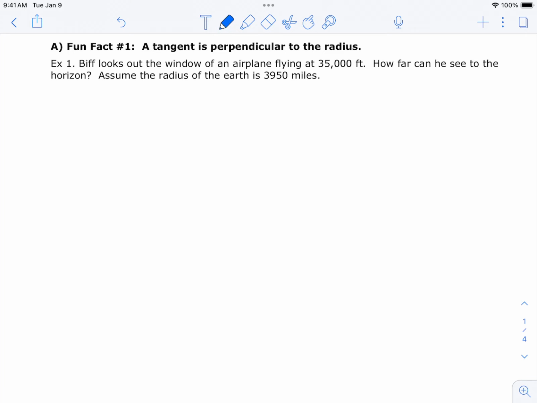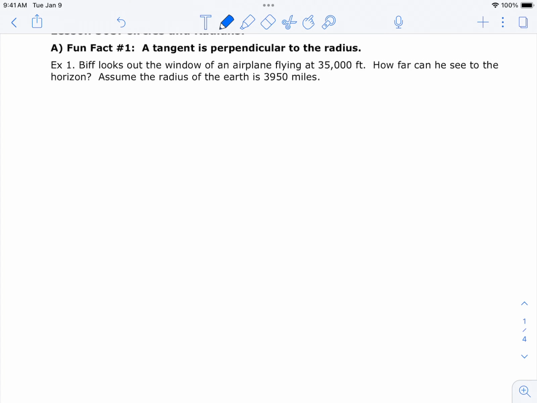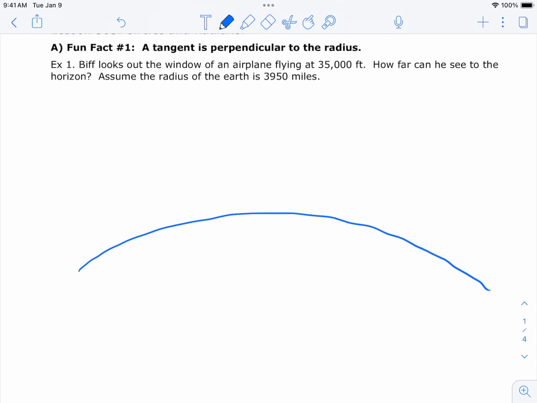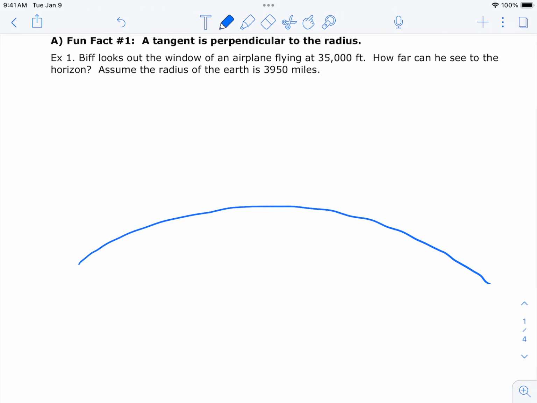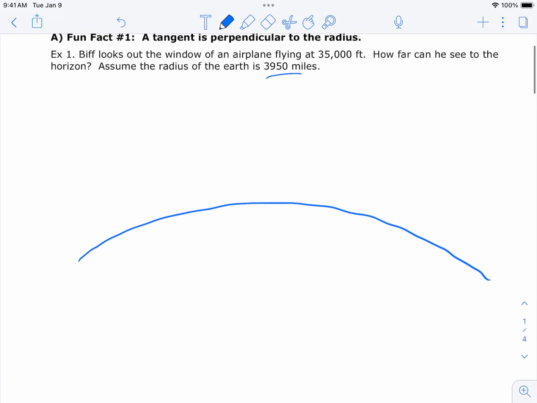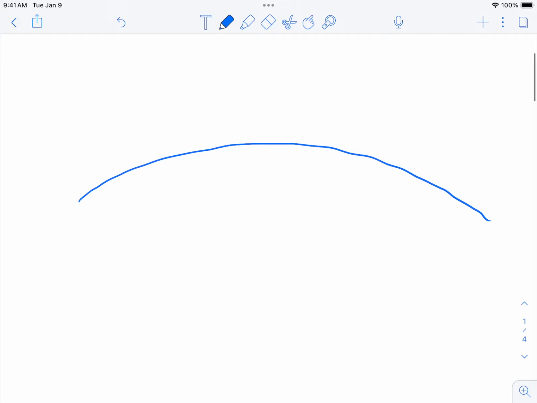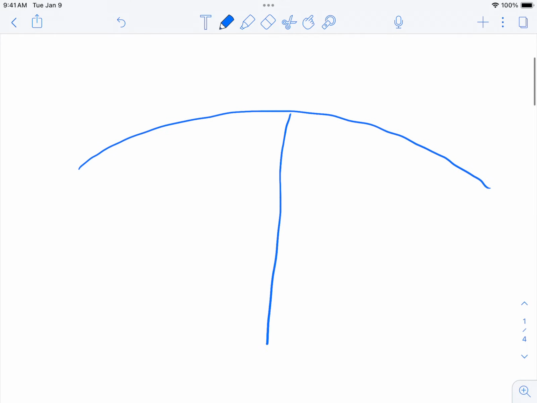So let's draw what's going on here. Let's kind of draw the surface of the earth a little bit, something like this. So the earth is curved, right? And the earth has a certain radius, 3950 miles is what it asks us to assume here. So I'm going to try to draw that radius. We'll just say that's the radius of the earth right there.